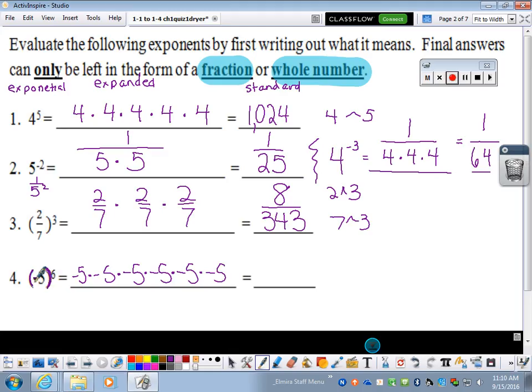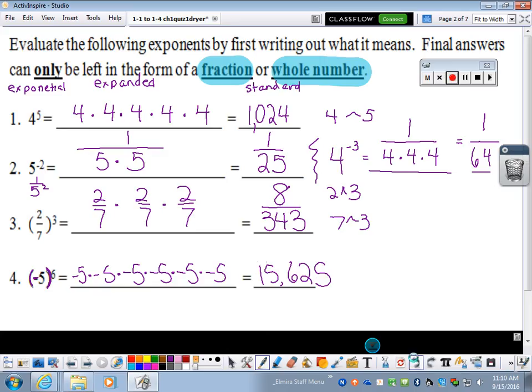And this is a negative sign, not the subtract sign. Now, I can't do this in my head, and I don't recommend that you try to do it in your head either. 15,625. Now, it's positive. It is not negative.